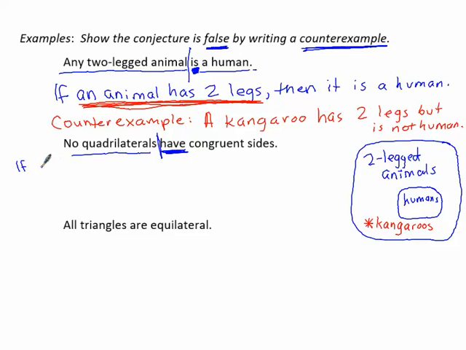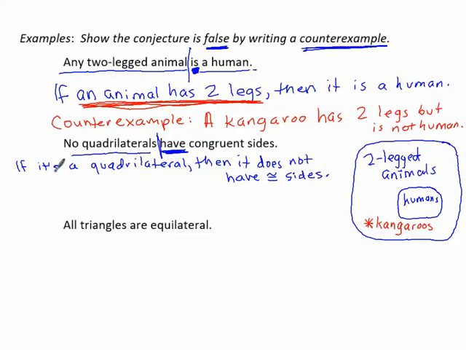So we can say if it's a quadrilateral, then, now it says no quadrilateral, so we're going to say it does not have congruent sides. I'm going to use the symbol for congruent. If it's a quadrilateral, then it does not have congruent sides.